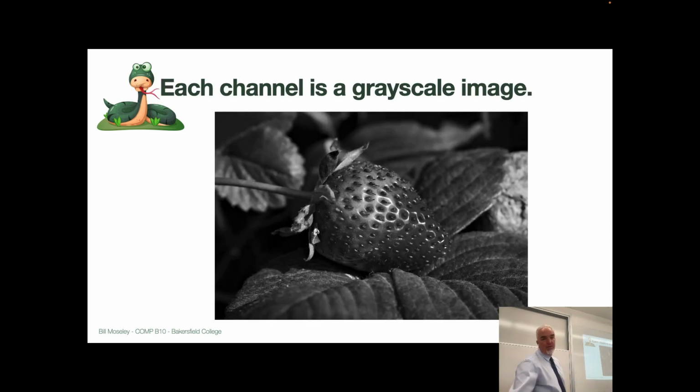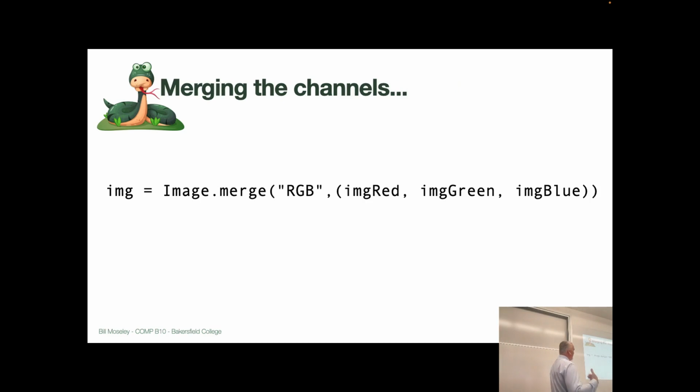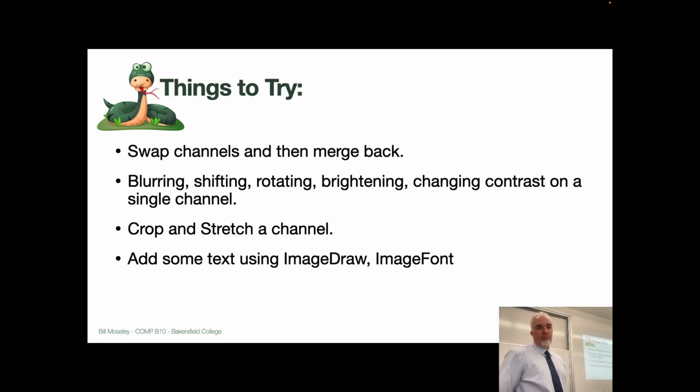And then, once we've done something to those images, we use the Image.merge function, which takes a string detailing the color model. So you put RGB in caps, in quotes, and then a tuple that has 3 members, 1 for each channel, to merge those channels back into a fully colored image.